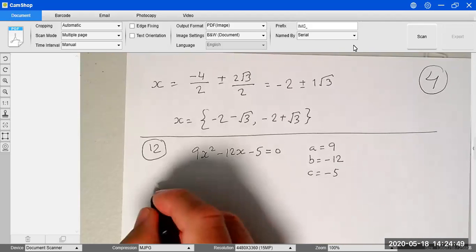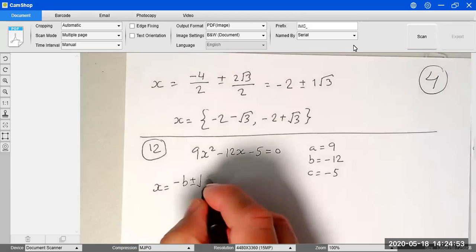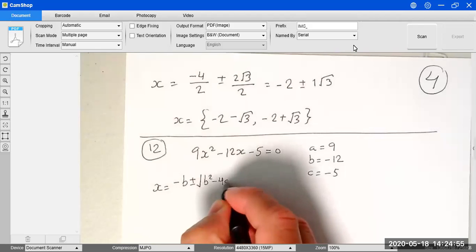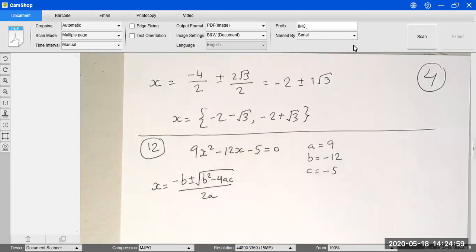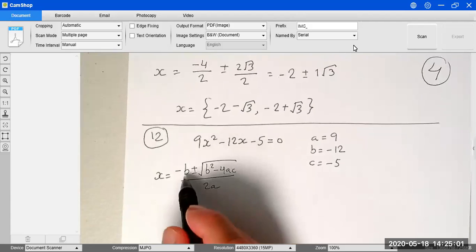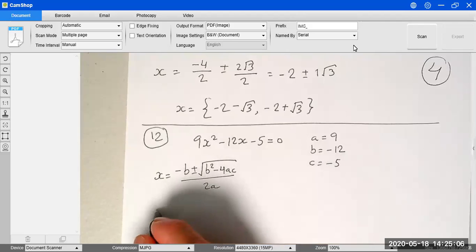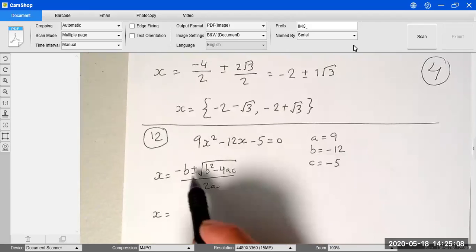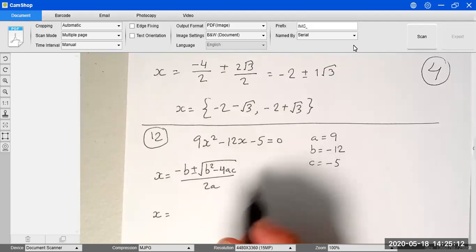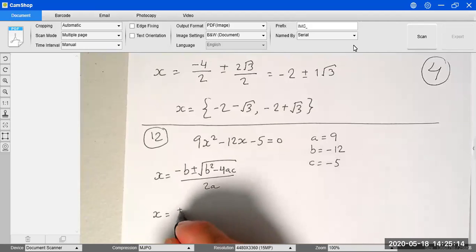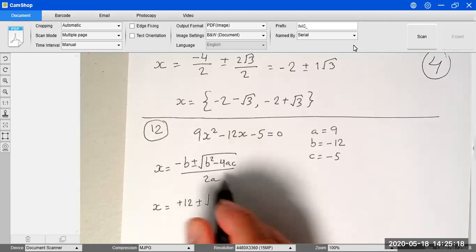Then we're going to use the quadratic formula, minus b plus minus the square root of b squared minus 4ac over 2a. So we're going to need to replace every piece of the formula with the corresponding value. So the first one, negative b. So negative times negative 12. So negative is going to be positive 12 plus minus b squared.